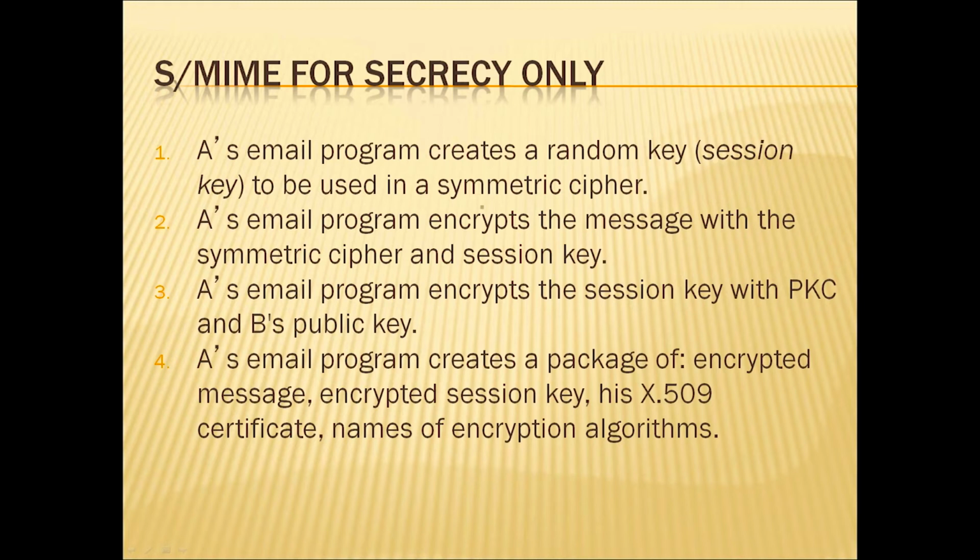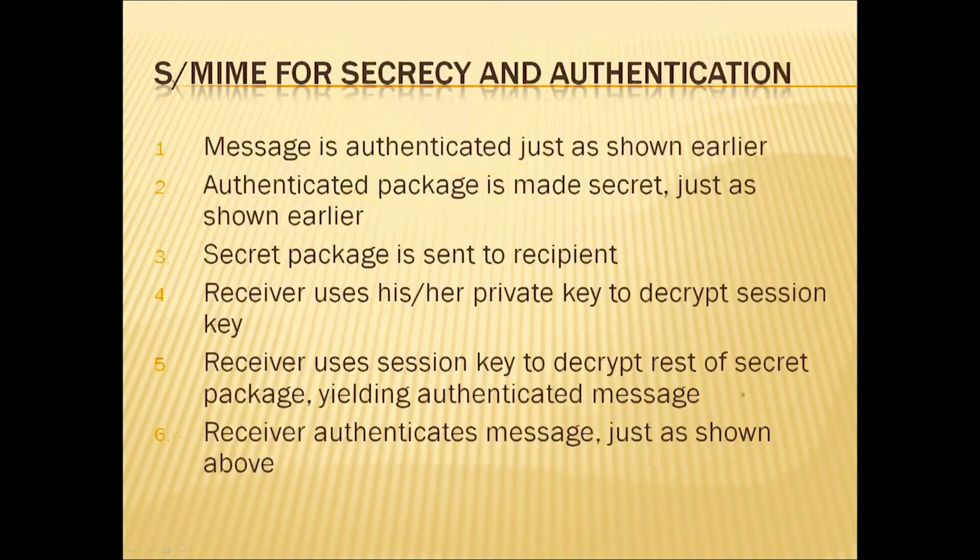The symmetric cipher key was generated and acts as the session key, and it encrypts the session key with B's public key, so that only B can find out the encrypted session key and the message. So, this is the second step here.